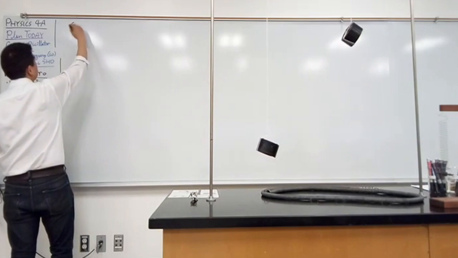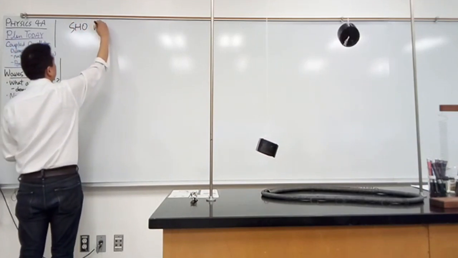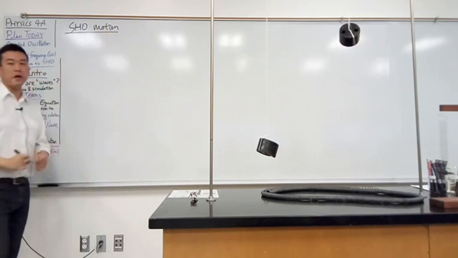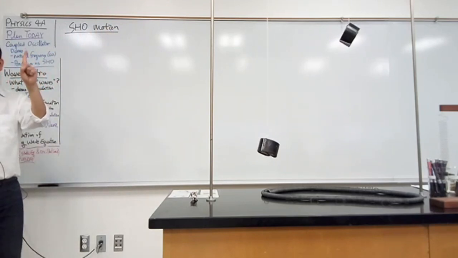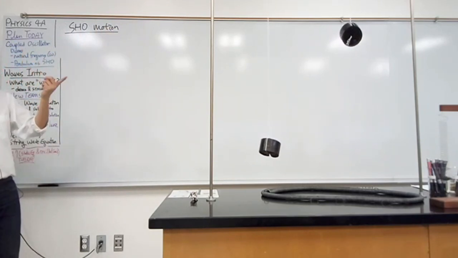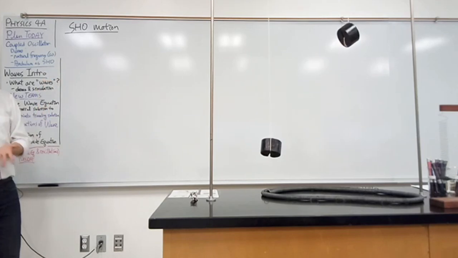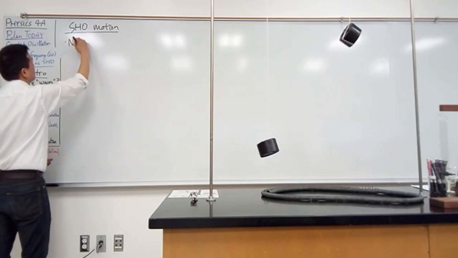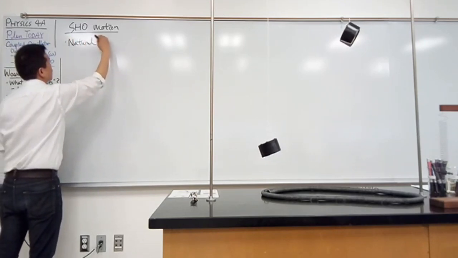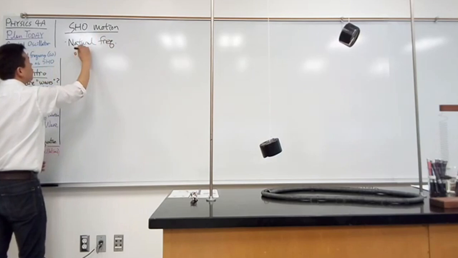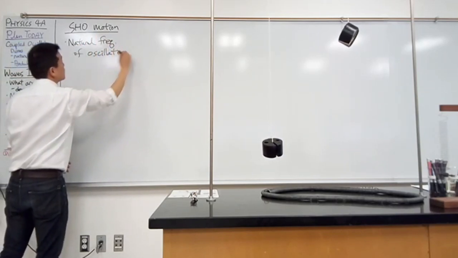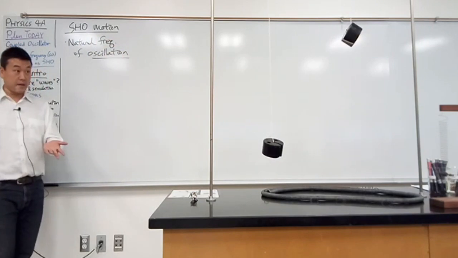When you look at simple harmonic oscillator motion, if you had to pick out the one thing that characterizes it, it is that it has a natural frequency of oscillation. You saw this with the mass on a spring system.